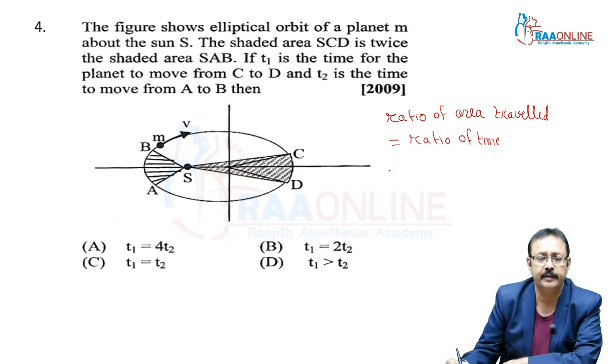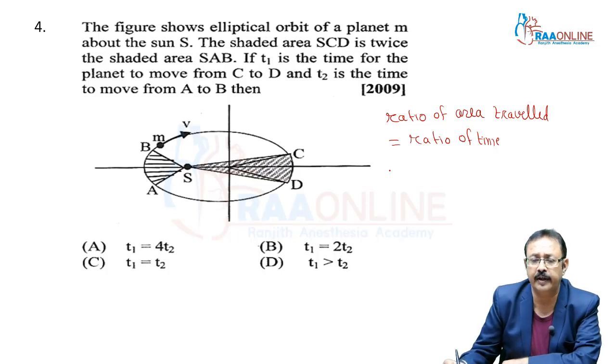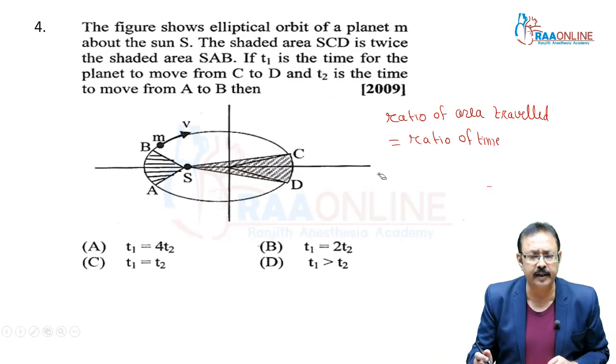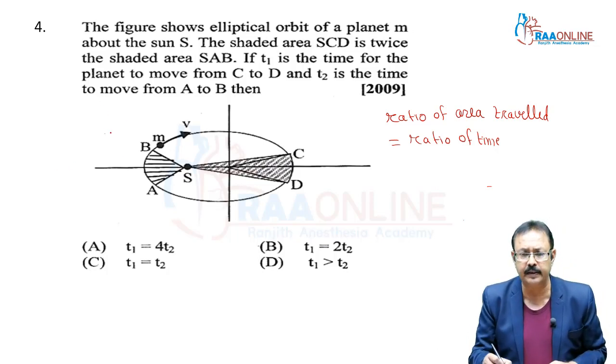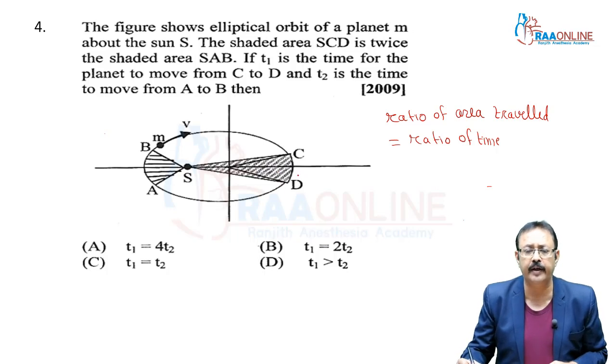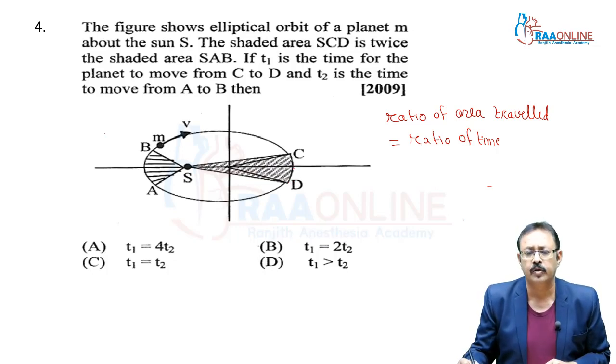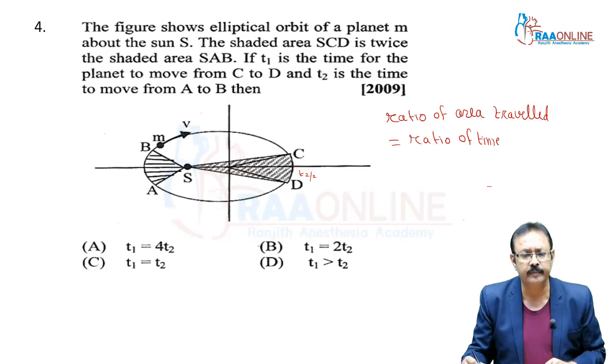What they are saying in SCD, if we take half of this area, half area it will travel in how much time? C to D it takes T2 time. So half area it will travel in T2 by 2 time.